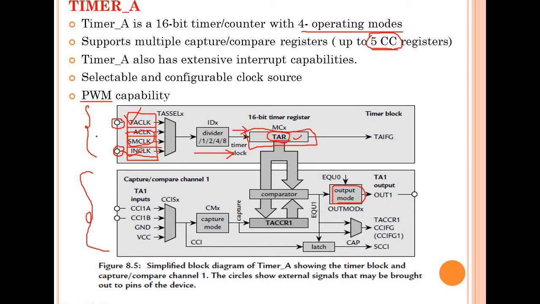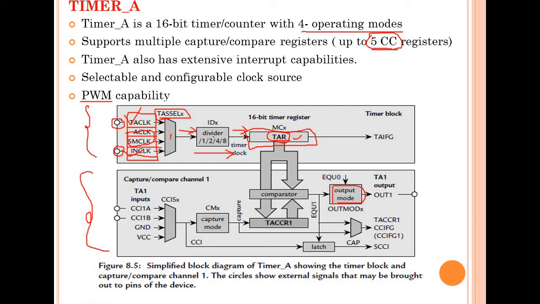You can select any one of the 4 clocks using the Timer A clock source selection bits, TASSELx. From this multiplexer, with the help of the TASSEL bits, you can select any one of the clock sources. After selecting the clock source, it is given to the divider. Here, with the help of the divider bits, you can scale your frequency.